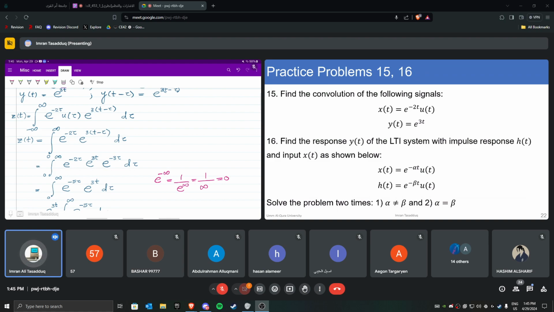Now here you see this question number 16. Question number 16: x of t is e to the power minus alpha t u of t, and h of t is e to the power minus beta t u of t. Now you do the convolution of x and h. If you want the formula, let me write it somewhere here.